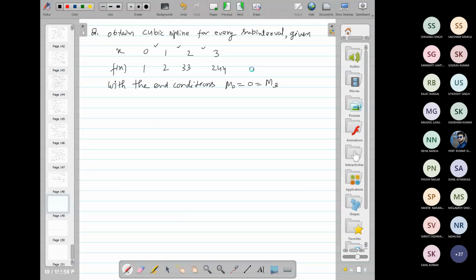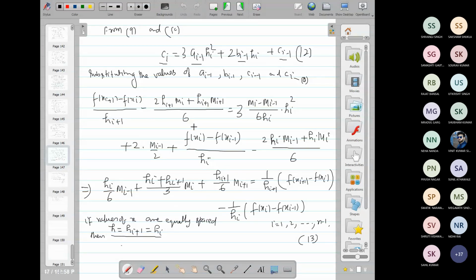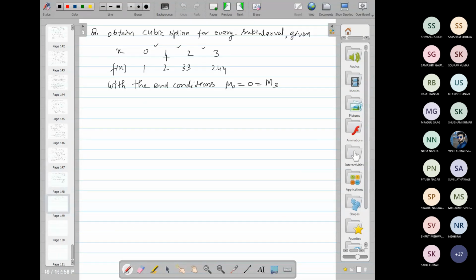Here i is equal to 1, 2 and 3. For i equal to 1, the first subinterval, you need to put the values of xi and xi minus 1. What will xi be? xi will be 1 and xi minus 1 will be 0 for the first subinterval.